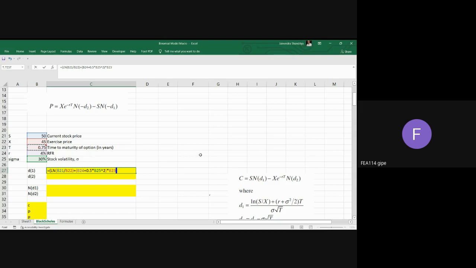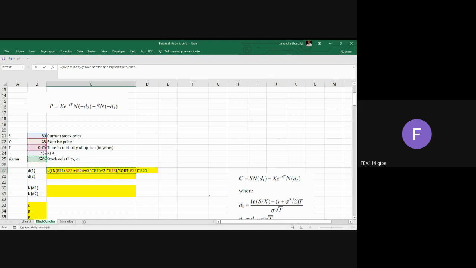Thereafter, I will close the entire bracket and then divide by square root, SQRT, of time. So time is this, and I multiply this with sigma, which is this one.